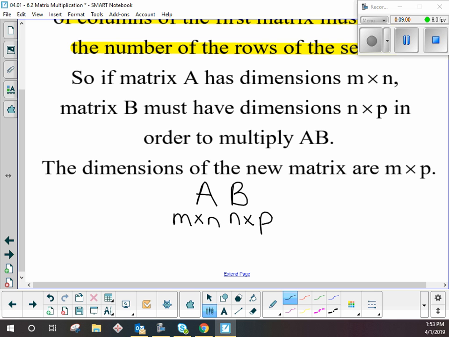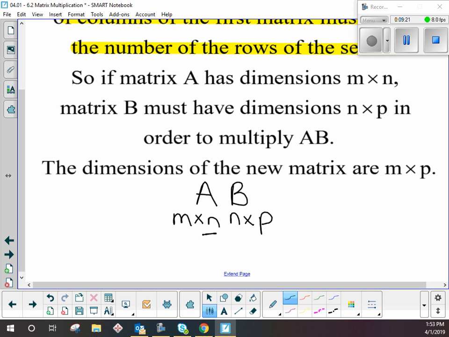What does that imply? If the columns here are n, the rows here are n, why are they using the same variable? Because they have to be the exact same, all right?